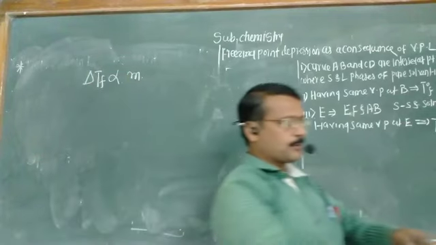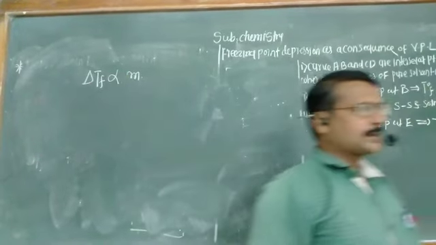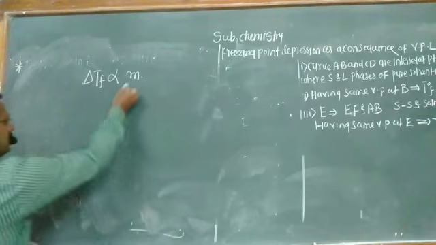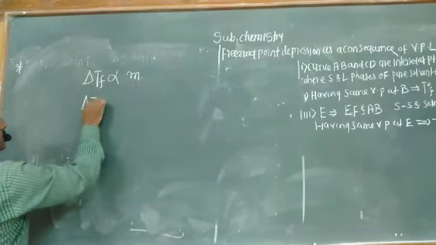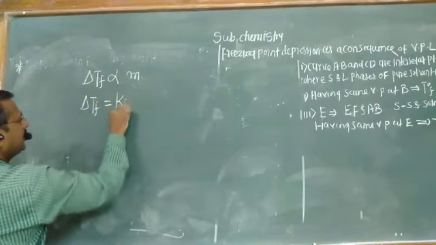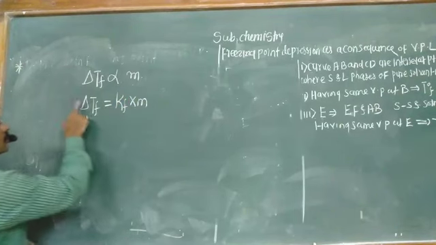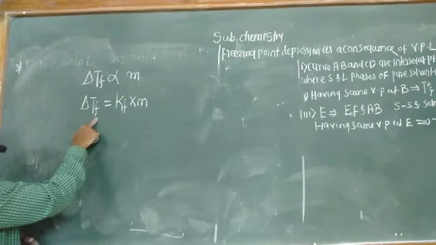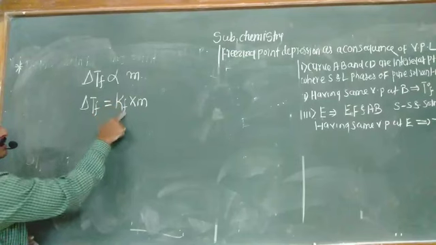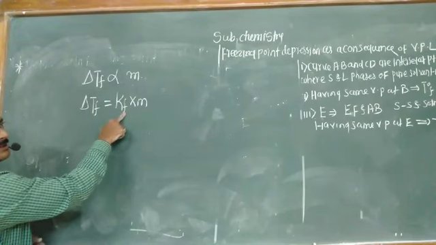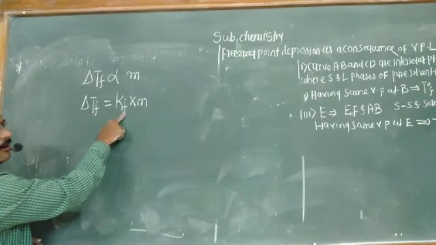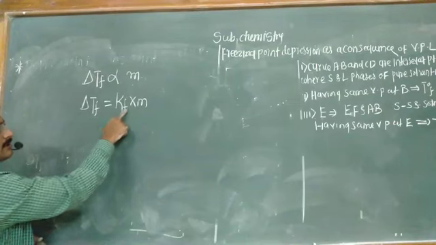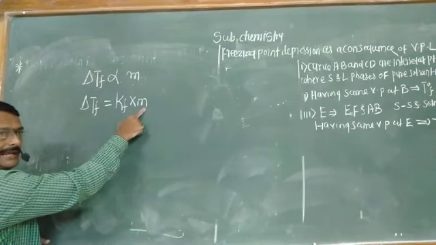Then this delta TF is equal to Kf into m. Delta TF is called the depression in freezing point. Kf is called the depression in freezing point constant or cryoscopic constant. This m is called the molality.